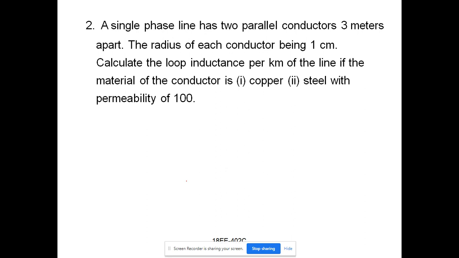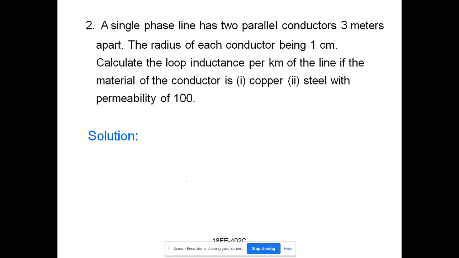In this, a single phase line has two parallel conductors which are 3 meters apart. The radius of each conductor is 1 centimeter. Calculate the loop inductance per kilometer of the line if the material of the conductor is copper, and also find it for steel whose relative permeability is 100.